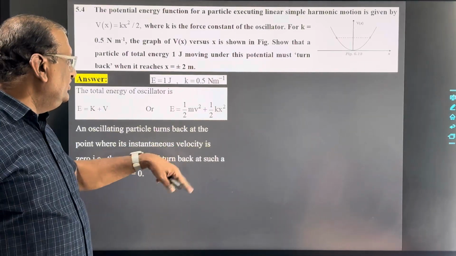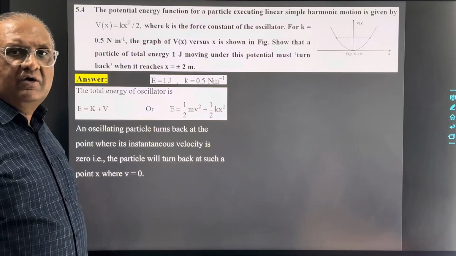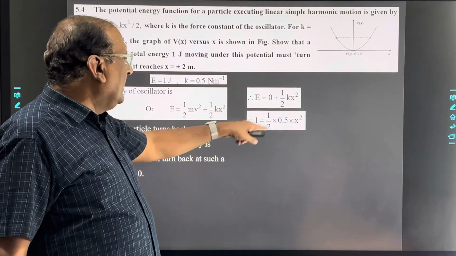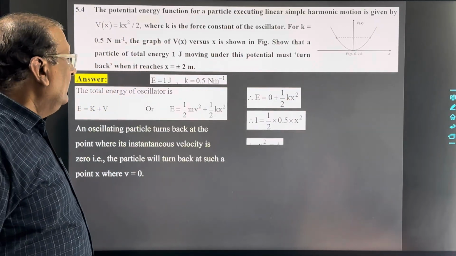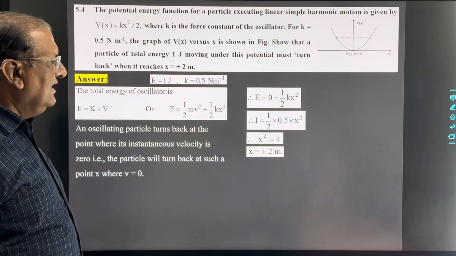When you substitute v equal to 0, then E equals half kx². So E, that is 1, equals half times 0.5 times x². Clear? So x² is 4, so x equals plus or minus 2.